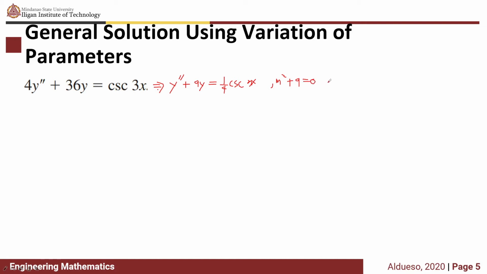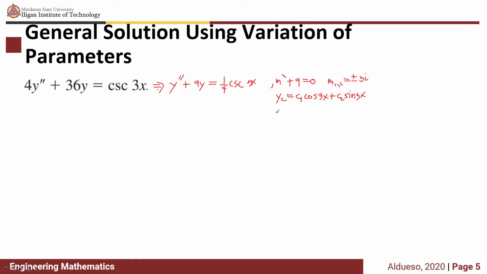So our roots m1, m2 are equivalent to plus minus 3i. So our complementary solution is equivalent to c1 cosine of 3x plus c2 sine of 3x.